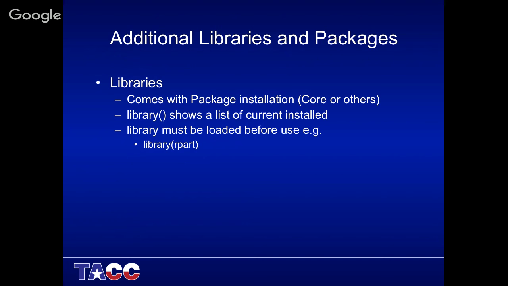Most of the libraries come as a package installation as part of the core, or you could use the library call to separately include it. You can think of library like an import function in Python or an include in a lower level language. So if a library is available, this is how you would import it in your script.